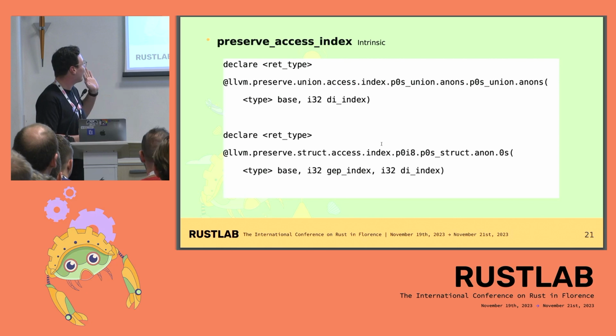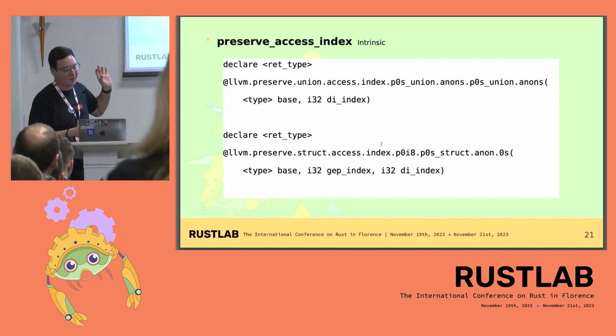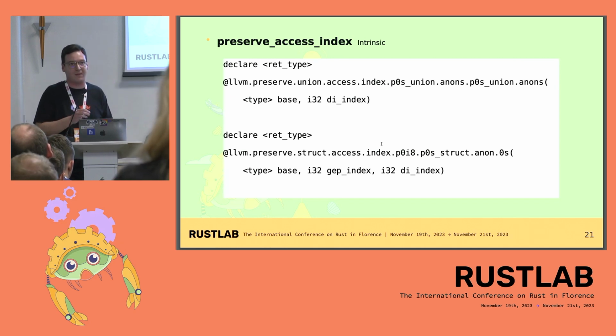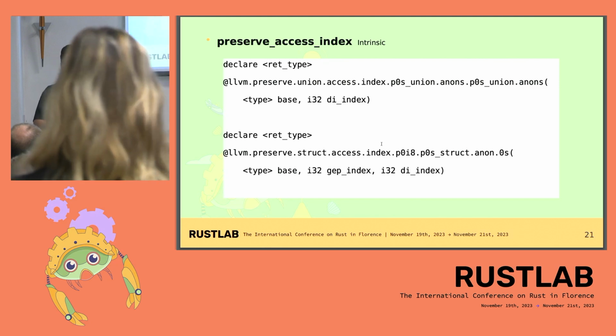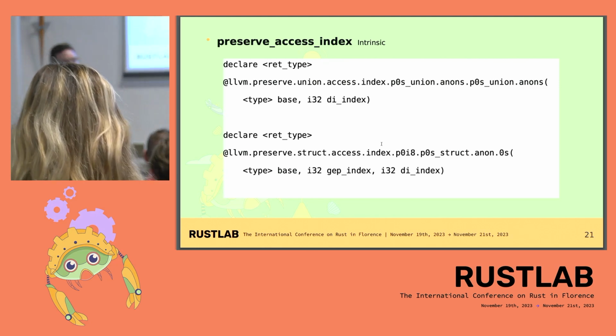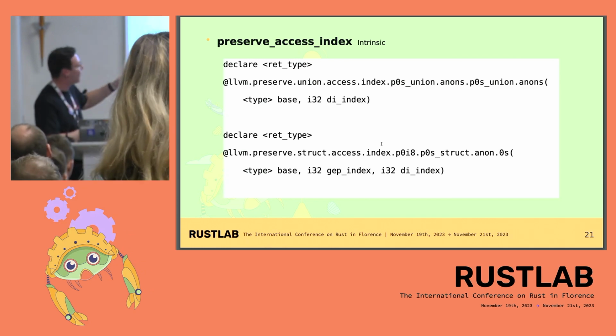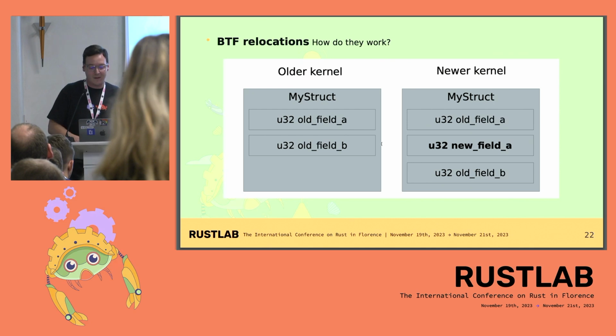You don't have to fully understand it, but the idea is that if your BTF compatible code gets dumped to IR, you eventually end up with this compiler intrinsic where the pointer to your struct is provided, then the index of the field you want to access, and the index of that field in the debug info, which is the last DI index parameter.